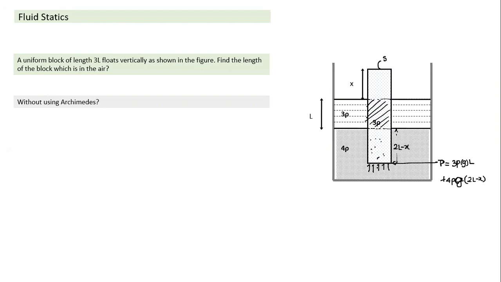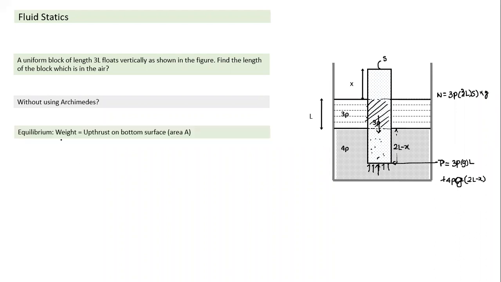What is the upward force acting if I take this object as a system? Only two forces act. Weight acts downwards and the pressure force acts upward. So pressure into area has to be equal to the weight. The weight will be equal to density into volume, 3L times the cross section area, times g. So multiplying the pressure by the area, we can obtain the equation.